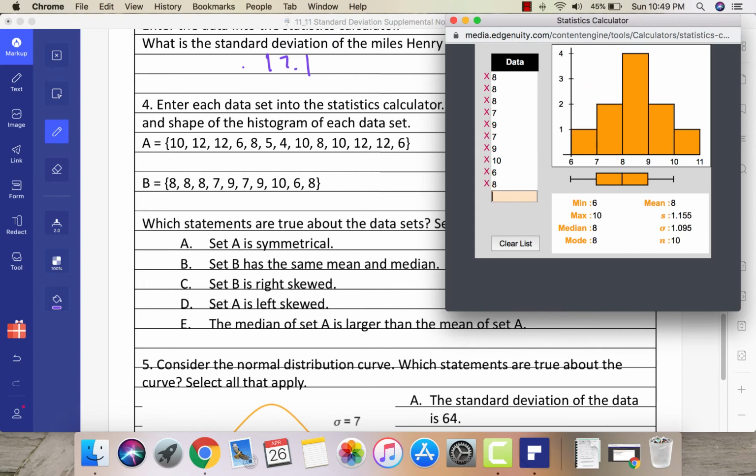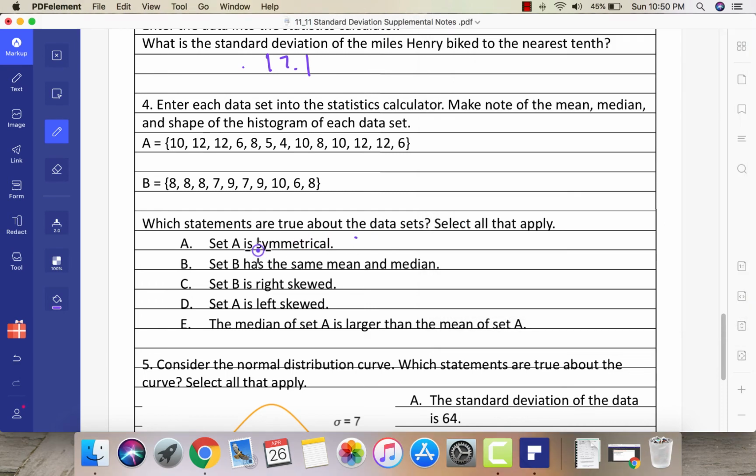So B has a mean of 8, a median of 8, and our standard deviation is 1.095, and this looks symmetrical. And we can tell it's symmetrical because the mean and the median are the same.